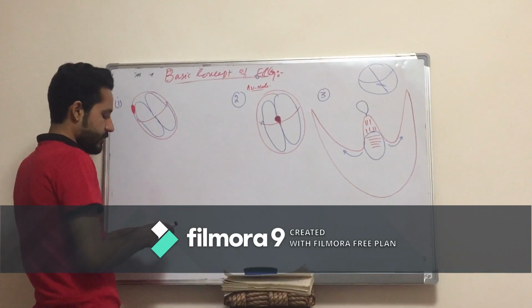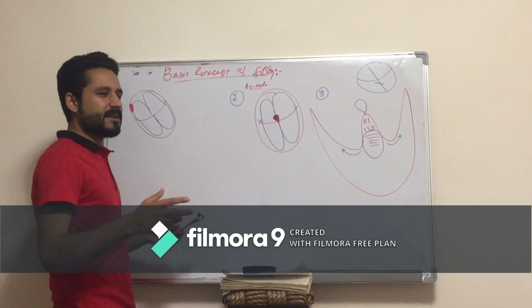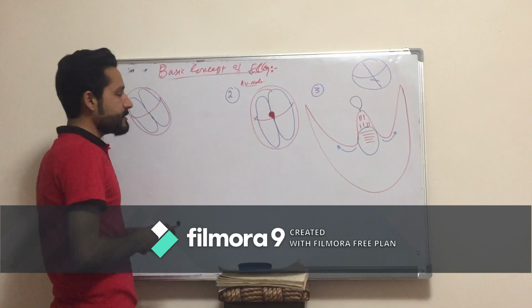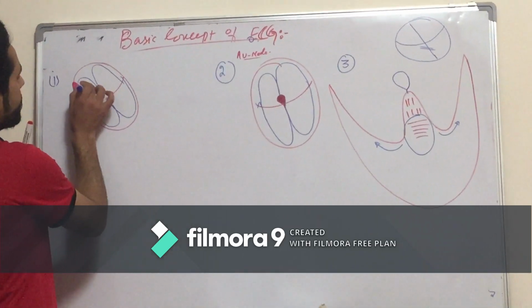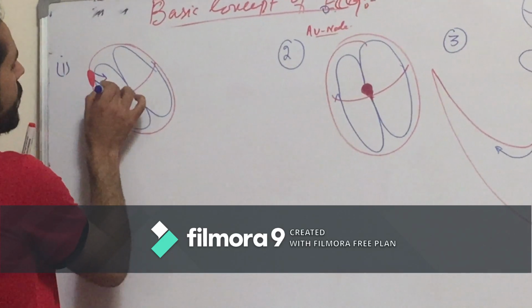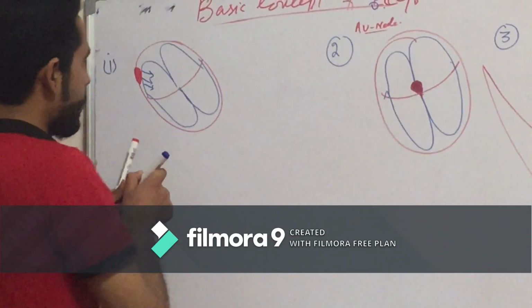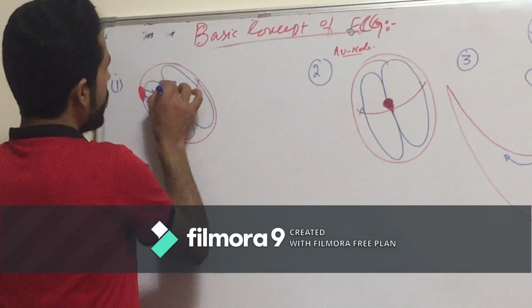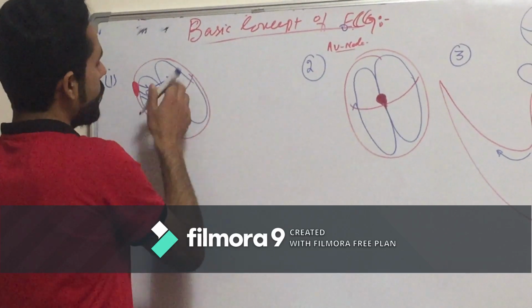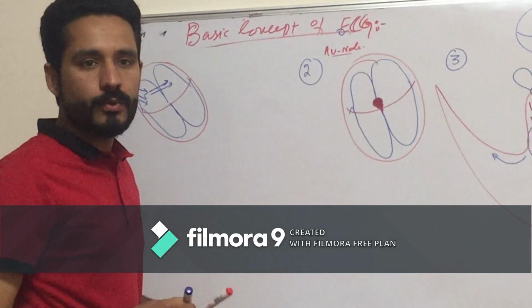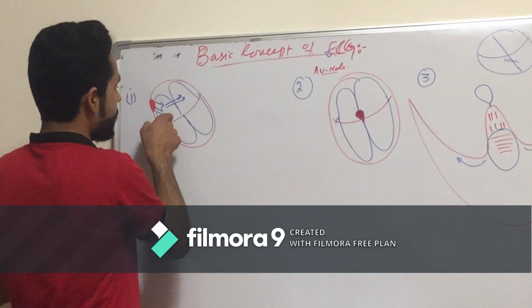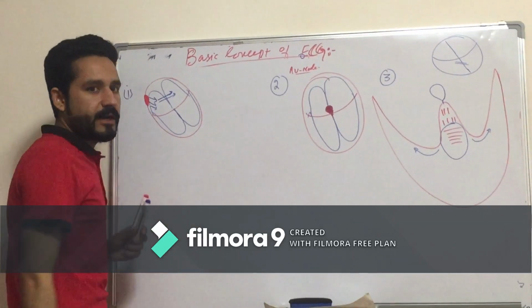Now when the SA node fires, it will produce electrical impulses and spread into its atrium, and from this atrium it will move into the left atrium and itself into the right atrium.